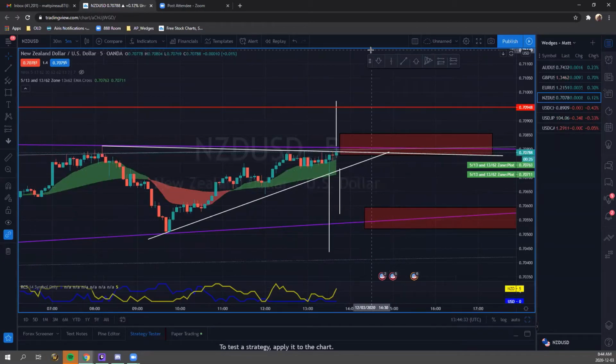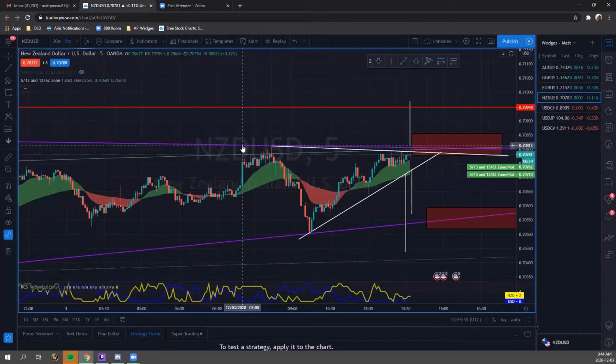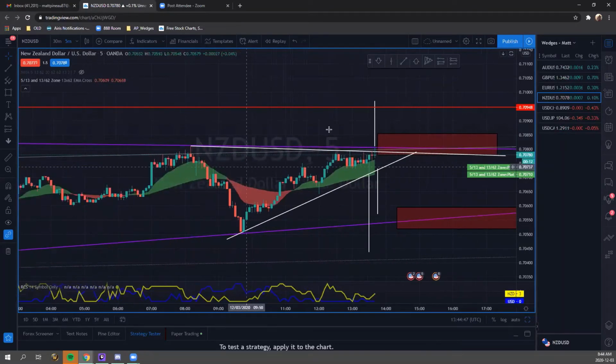But I'm in no hurry to take this trade. I need to wait and see what's going to happen. This is a high probability trade, guys. If it breaks here, high probability trade, but I'm not going to sit in it too long. That trade is worth about 2% of your trading account if you put 2% into a 10 pip stop loss.